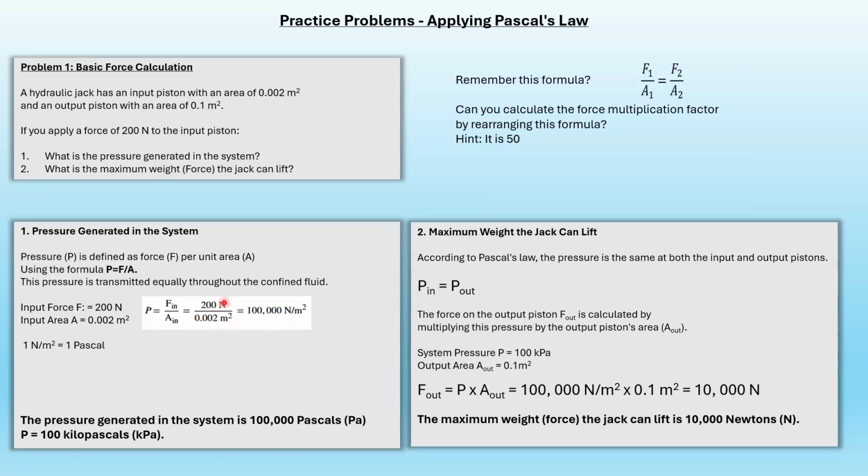And I do an extra step. I put all the units in square brackets. You don't have to, but it helps. So 200 newtons by 0.002 meters squared, because there is a force, and the area, the input, just have to make sure that you get the same force applying at the same area there, and that is going to give us 100,000 newtons per meter squared.